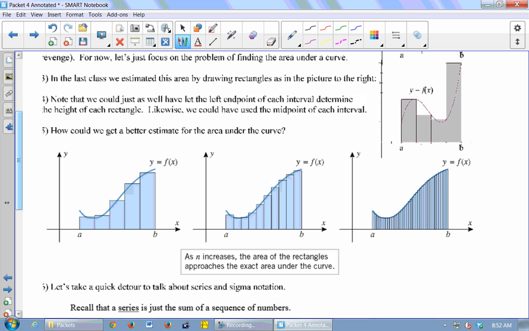So in this first interval, a to this other endpoint here, I am getting the height of the rectangle by using the height of the curve at the right endpoint. Right. So I could use right endpoints or left endpoints. There are also other things you could do. You could use the midpoint. For right now, we're just using left and right endpoints.